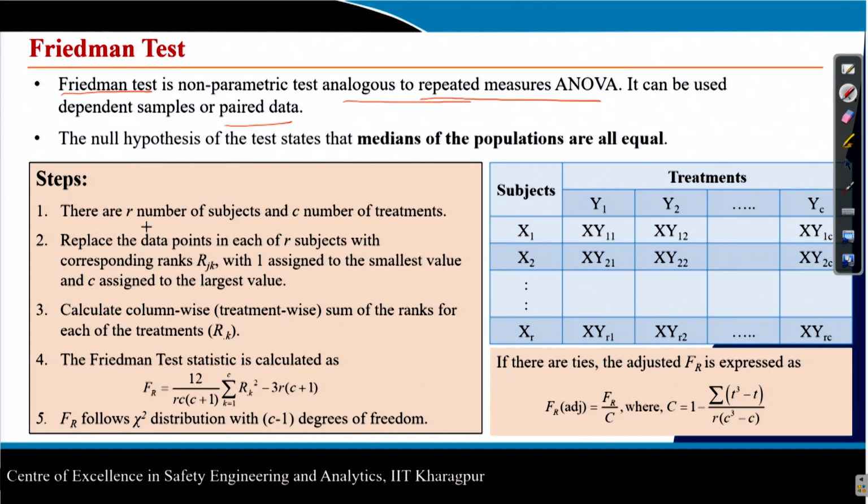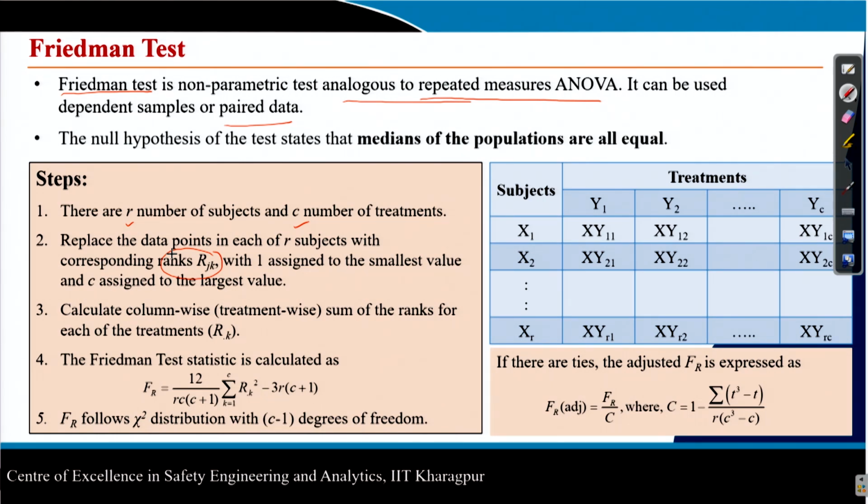So, you know that there are R number of subjects and C number of treatments. Now, what you do is replace the data points in each of the R subjects with corresponding ranks.